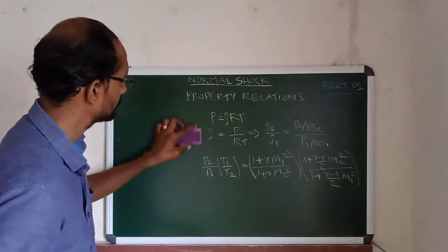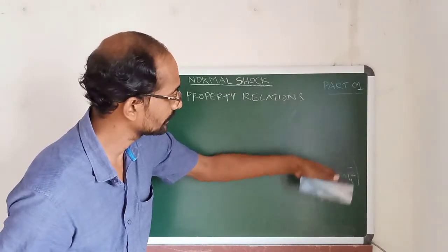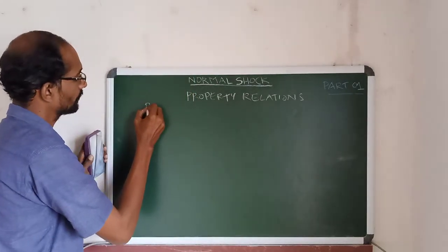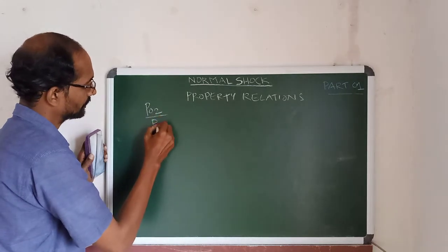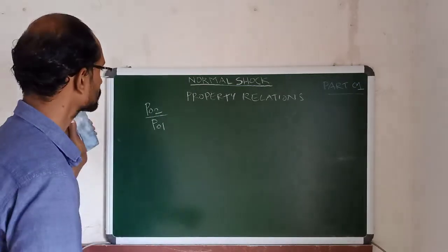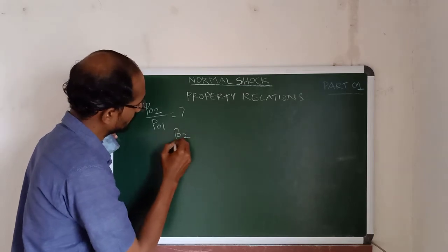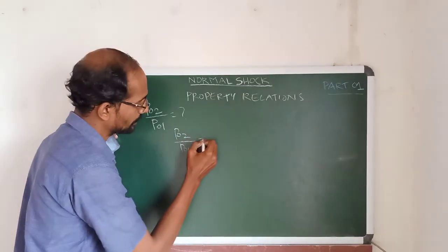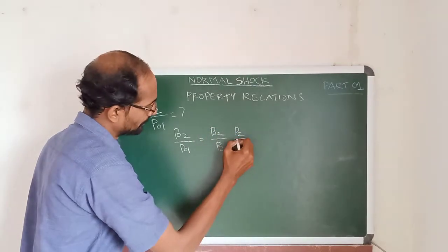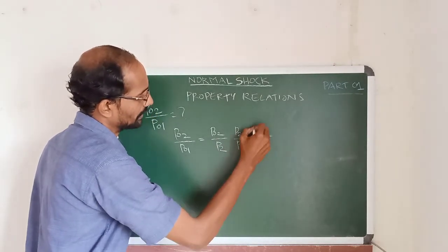Now another property ratio of great interest in shock analysis is the ratio of stagnation pressures across the normal shock wave. So how will you get it? We have a small trick here. This is equal to P02 by P2 into P2 by P01 into P01 divided by P1.